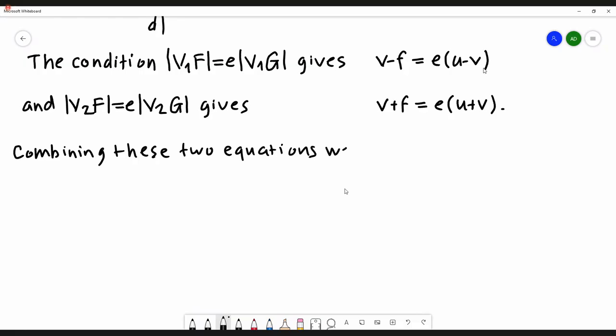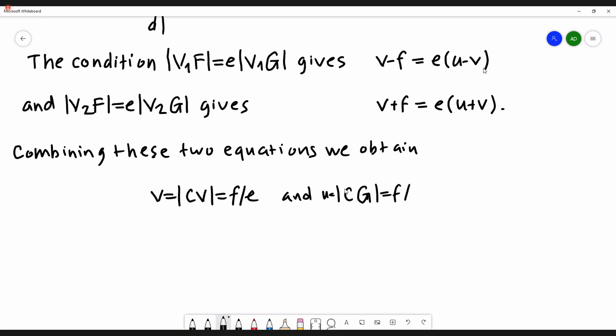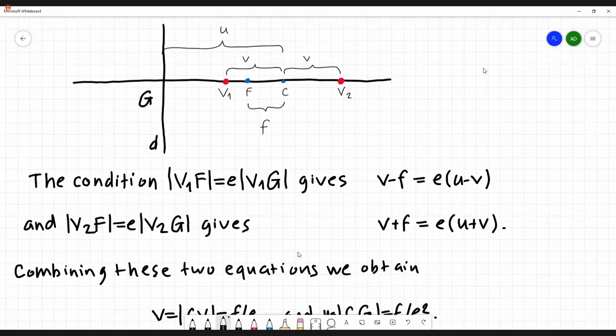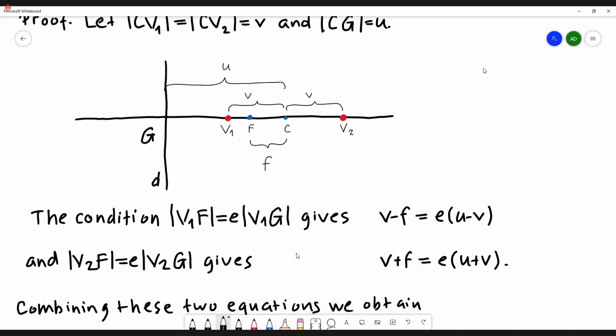We obtain V equals CV by definition, and this is equal to F over E, and U, CG, is equal to F over E squared. Now these quantities are very important. We will use them frequently. Now let us return back to this figure we have drawn over there.